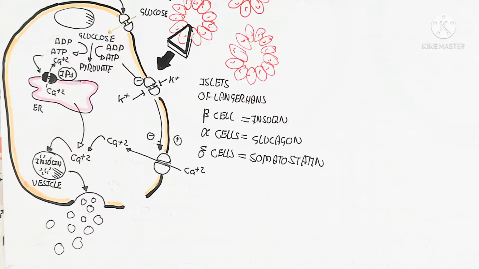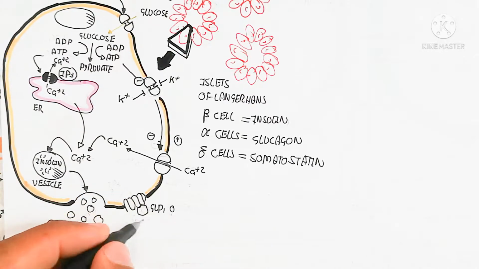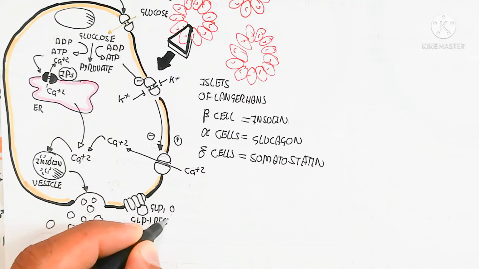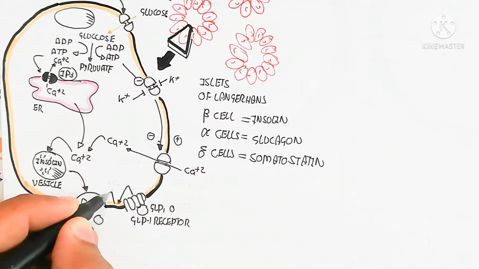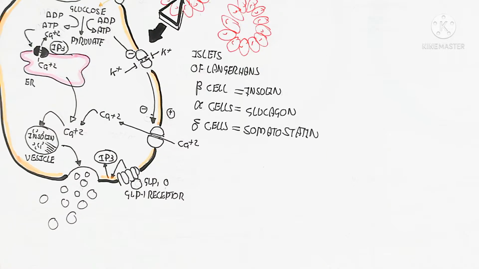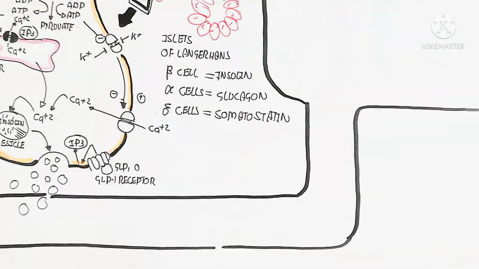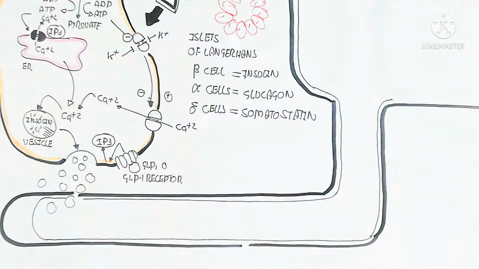With both mechanisms, calcium will influx more because potassium is inhibited from going outside. So the insulin vesicle will be exported. Exocytosis will occur.